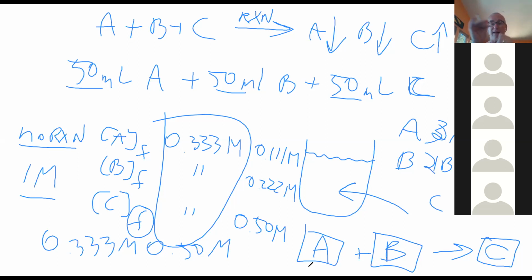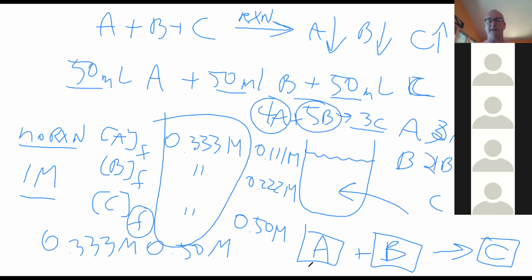Basically, you just have to keep tweaking and tweaking until your final reaction should be, maybe, 4A plus 5B gives 3 moles of C, something like that. So all of the A is consumed, all of the B is consumed, and all you get is C. And then that'll be your final reaction.